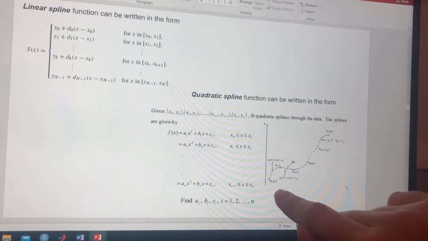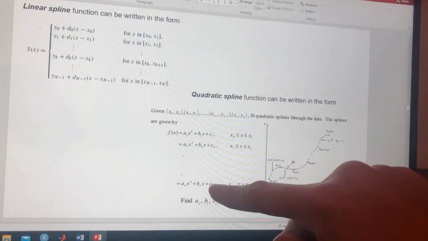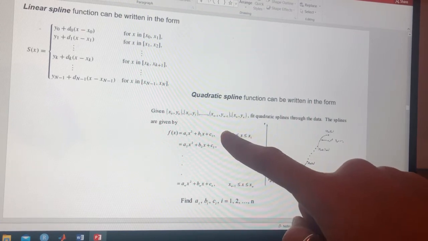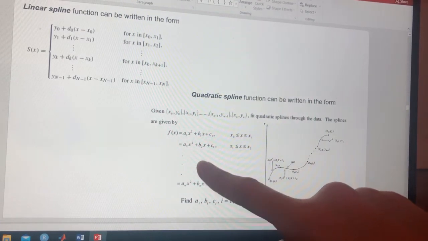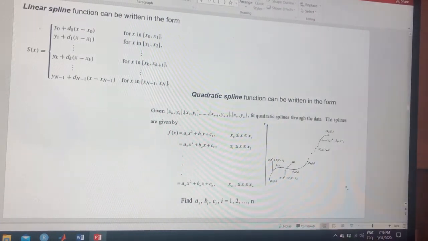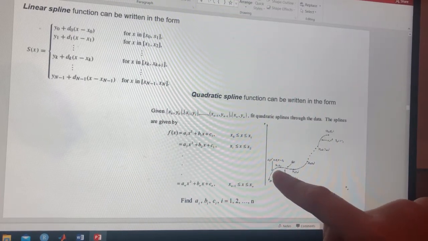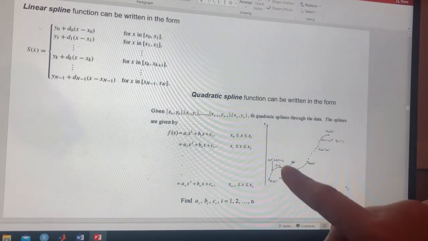And the important point for the spline is that these are not going to be enough for you to find all these constants, because in each equation you have 3 unknowns, and according to the data points, this is not going to be enough for you to find each a1, b1, c1, and all other coefficients. That's why we are also looking at the interior terms.